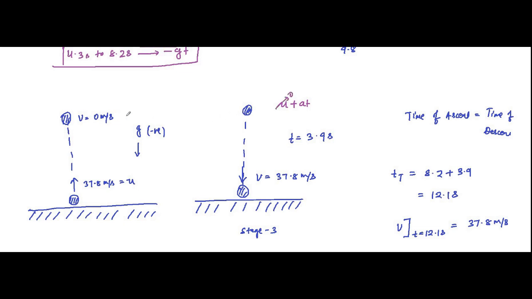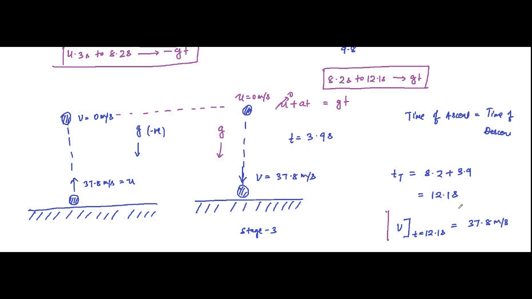The initial velocity is 0, because the final velocity in stage 2 becomes the new initial velocity, and acceleration due to gravity is acting downwards, so it will be gt, from 8.2 seconds to 12.1 seconds. This is also important. At 12.1 seconds, the velocity is 37.8 meters per second. So we have got the velocities from 0 to 12.1 seconds.